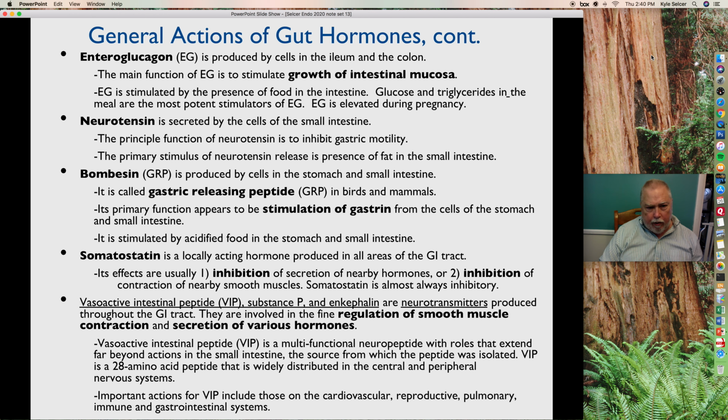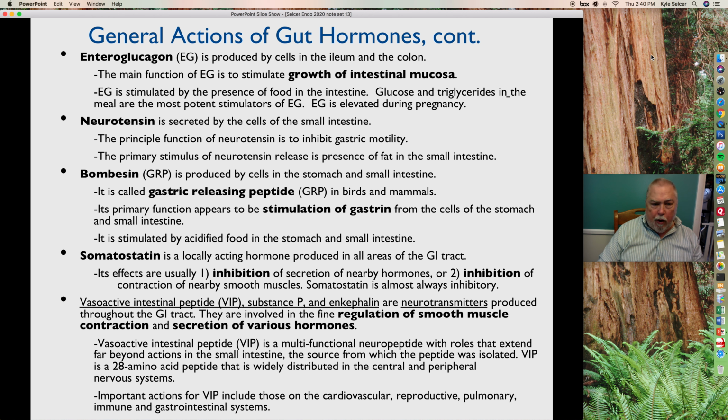It opens, it sends some food into the small intestine. That acidified food is picked up by the bombesin cells. They see that and they release bombesin, gastrin-releasing peptide, and that causes you to release more gastrin. So it's kind of a positive feedback early in digestion, negative feedback later in digestion.